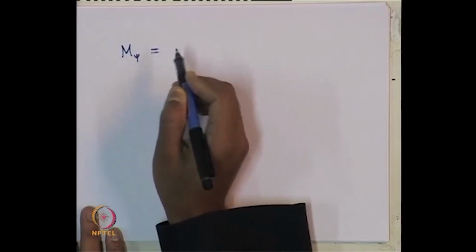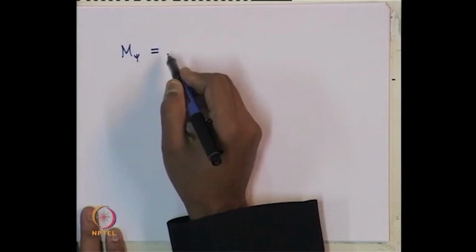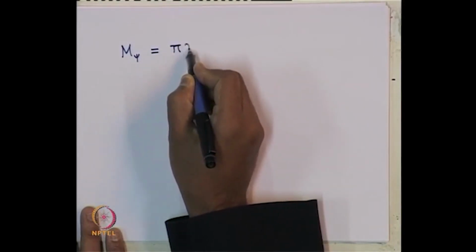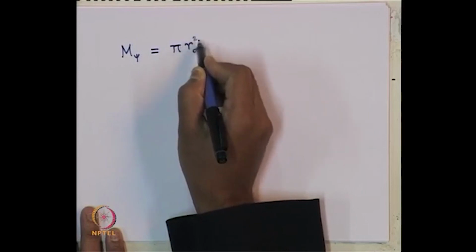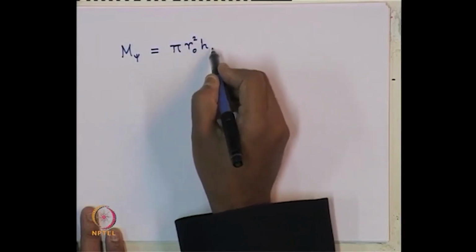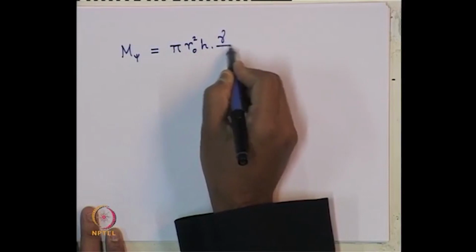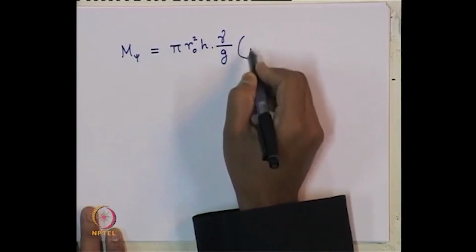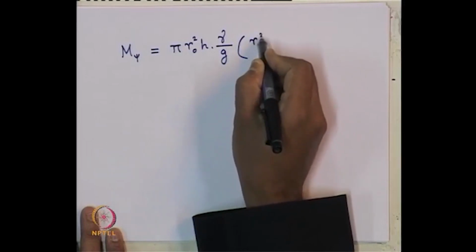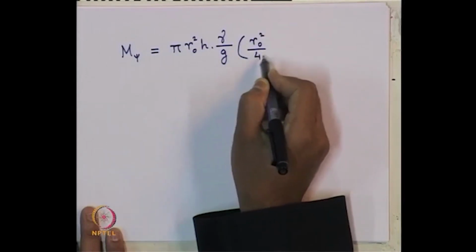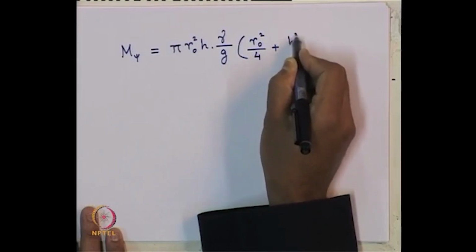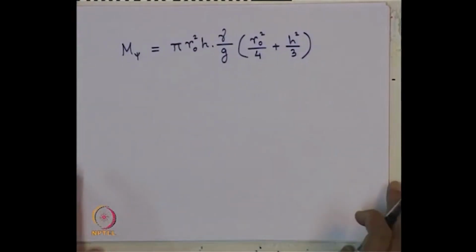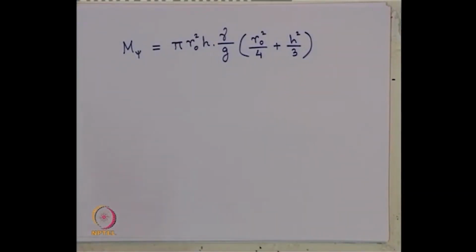Now, M psi, mass moment of inertia, can be calculated using this expression: pi r naught square h times gamma by g times r naught square by 4 plus h square by 3. What are different components? Let me explain to you.